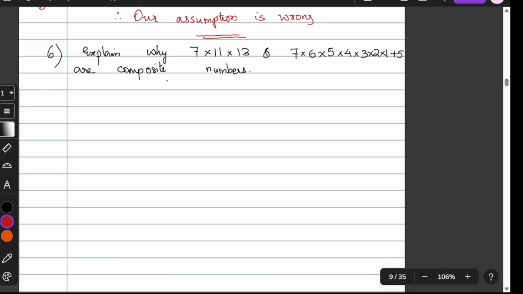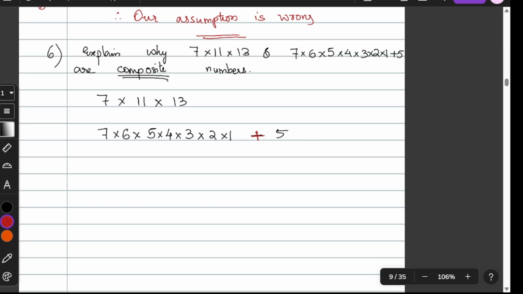Explain why 7 into 11 into 13 plus 13, and 7 into 6 into 5 into 4 into 3 into 2 into 1 plus 5, are composite numbers. So they are asking why both are composite numbers.